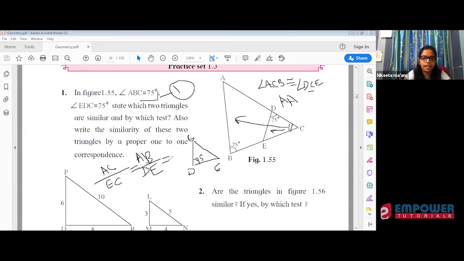And after that we will write the remaining side, that is opposite to A. So basically angle A is congruent to angle E. So how will you identify the third side? This will be BC, and then in the smaller triangle, that is EC.